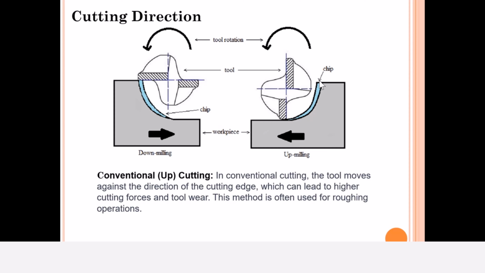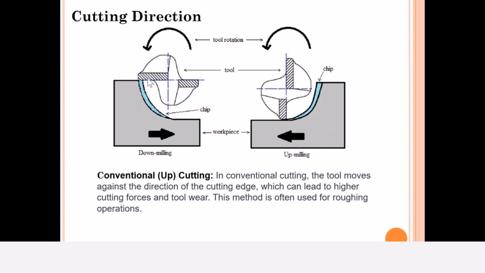So when we focus on that part, maybe we can also break our chip at that point. So that's also possible. Both are cutting methods, and it depends on your workpiece material, of course. So you need to be careful about that.